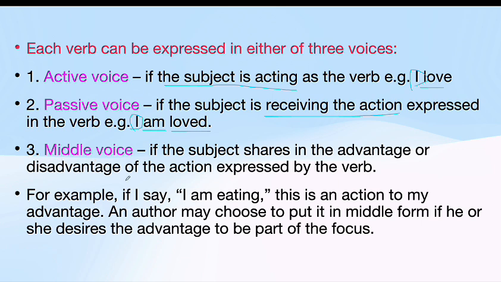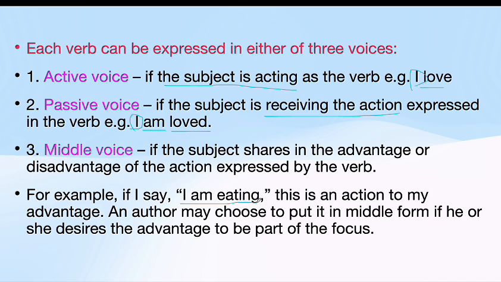Now the middle voice. Here is a new concept. If the subject shares in the advantage or disadvantage of the action expressed by the verb, this is middle voice, and there are plenty of middle voices in the Greek New Testament. An example is when I say, I am eating. I'm eating for myself.